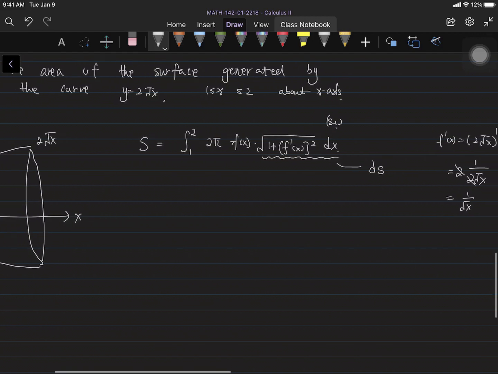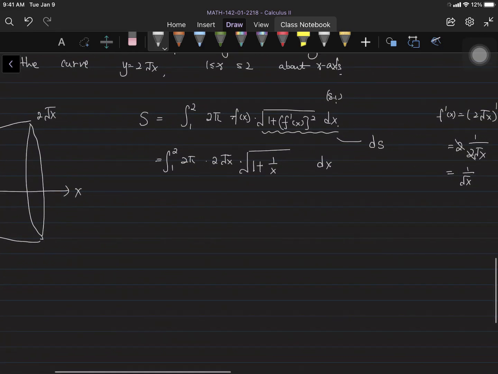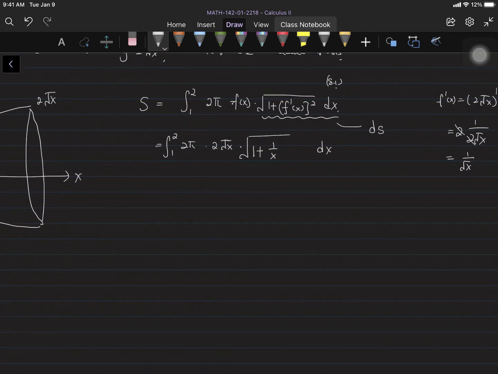Now let's plug in. 1, 2, 2 pi, function 2 square root x, and square root of 1 plus the derivative squared, and the derivative squared is 1 over x, and then dx. We want to evaluate this integral using the techniques of integration.